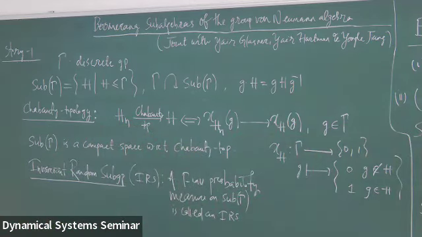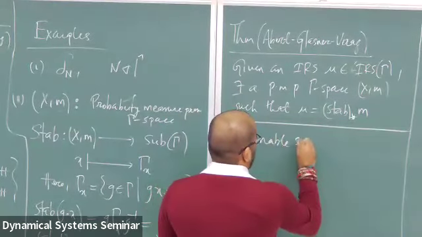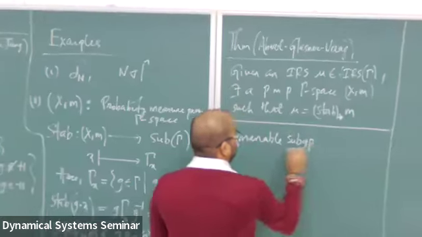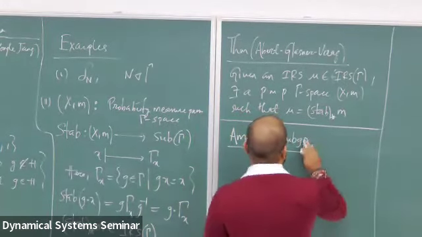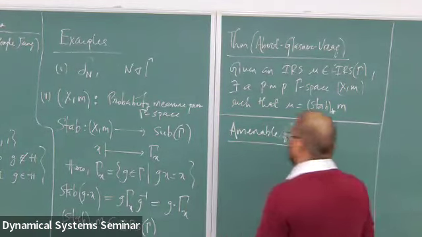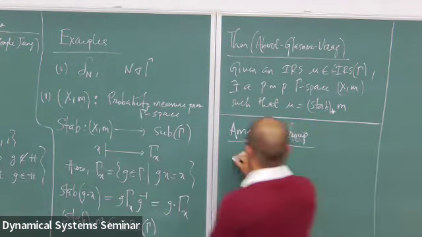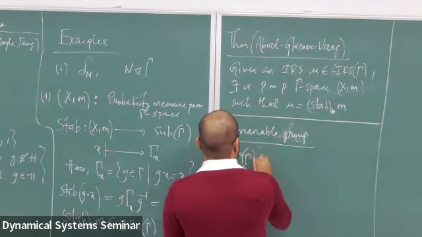What I want to do now is to define an amenable group maybe. So Gamma is again a discrete group, and I look at L infinity of Gamma.